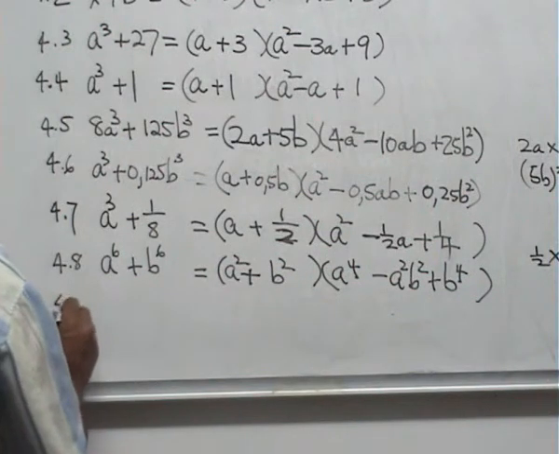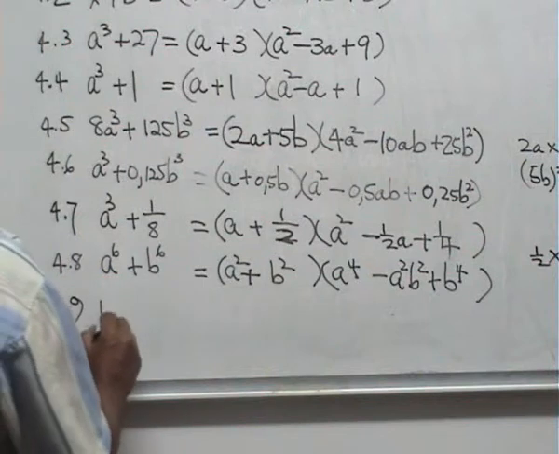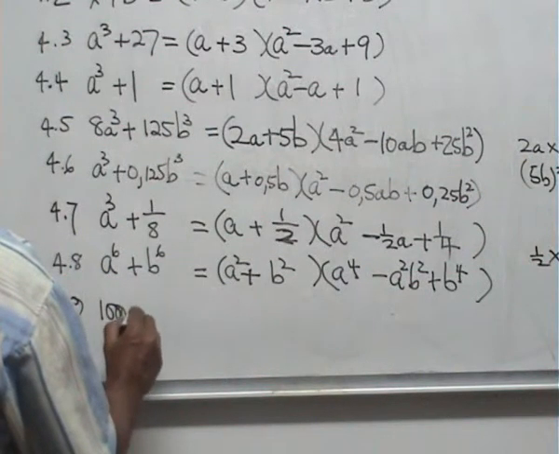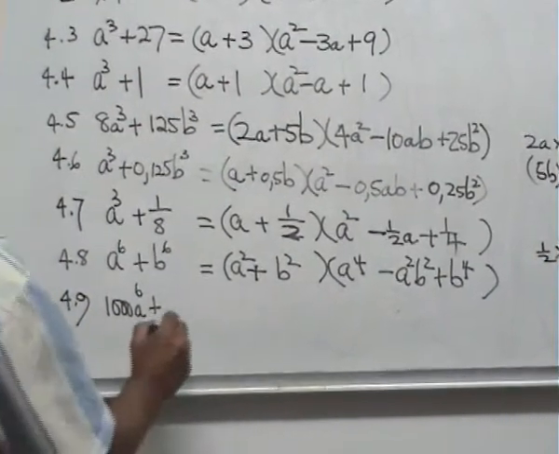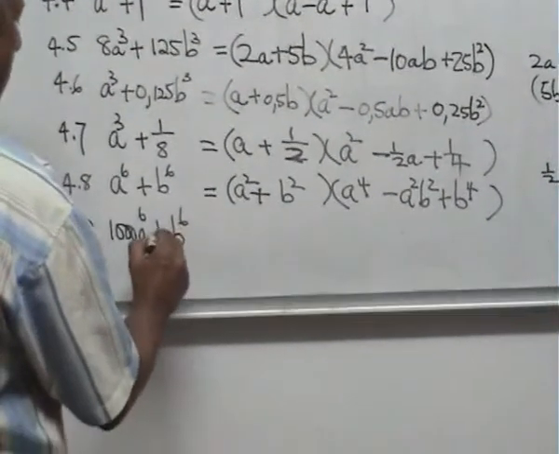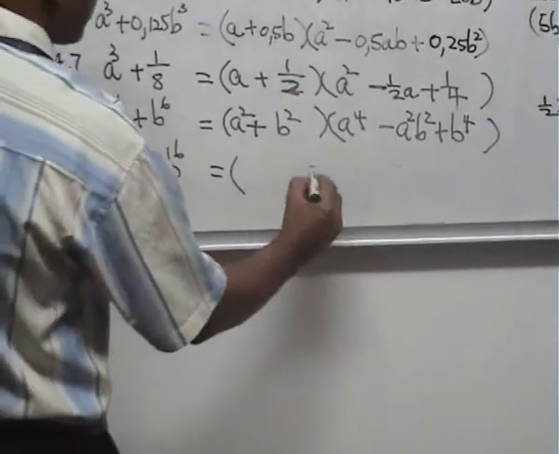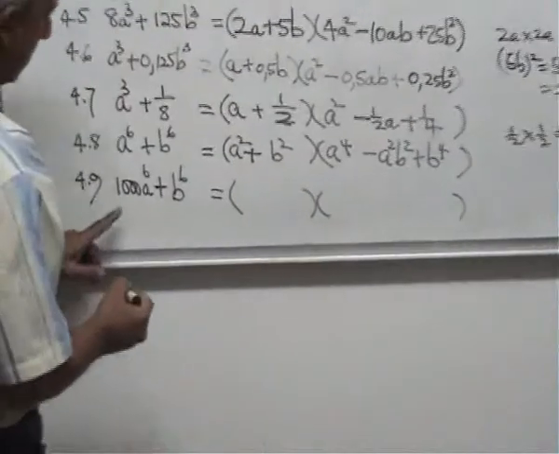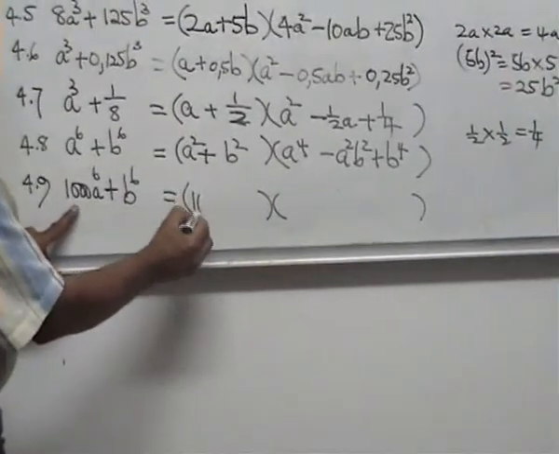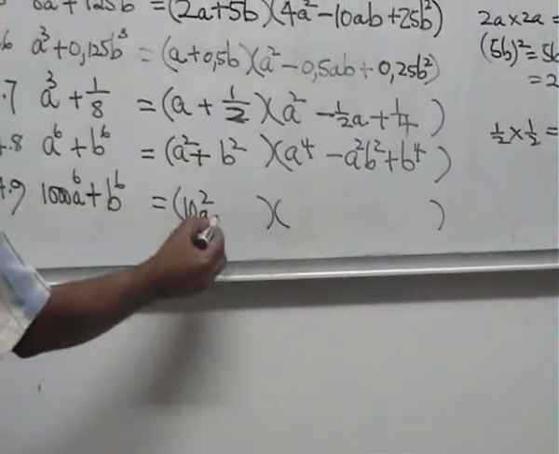And finally, 4.9. 1000 a to the 6 plus b to the 6. Well, there's your first bracket and there's your second bracket. Cube root of 1000, 10. Cube root of a to the 6, a squared.